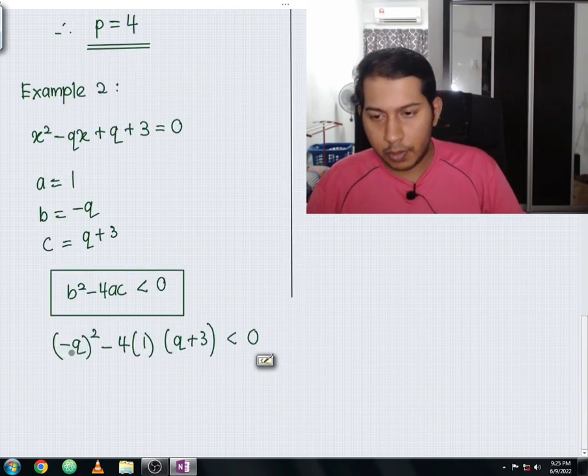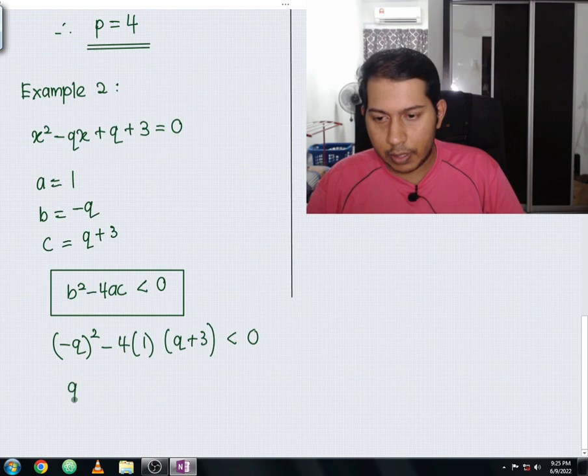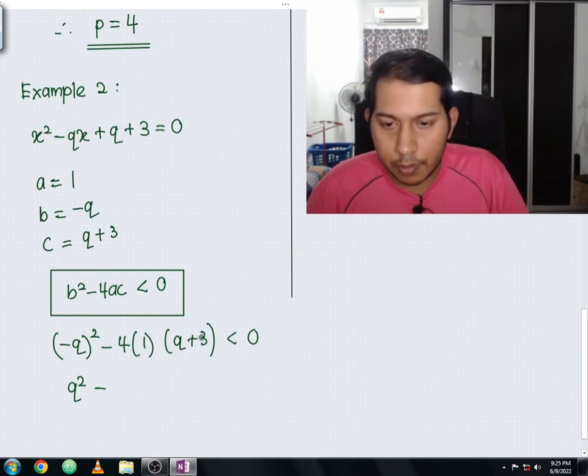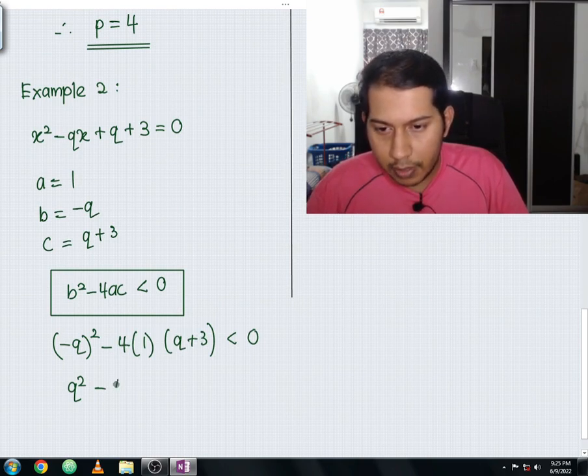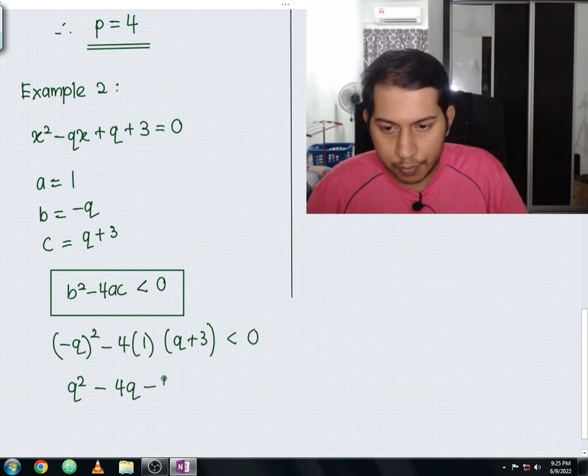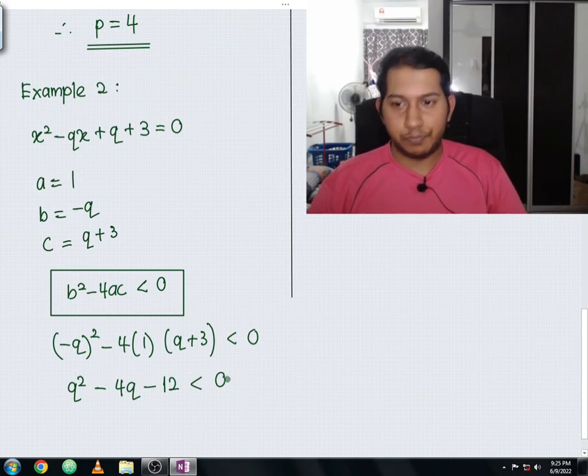Negative q square gives q square. Negative 4 times q plus 3 gives negative 4q minus 12, less than 0.